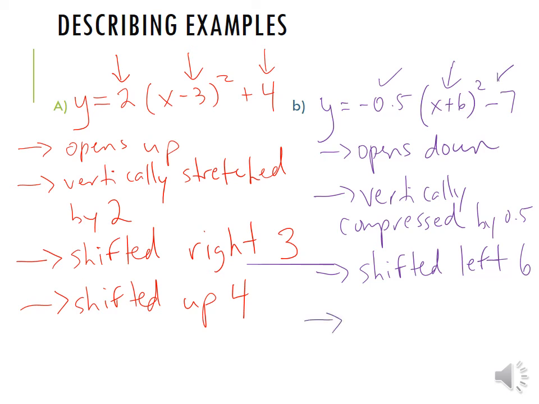And that is negative. So that means shifted down 7. And that's putting it all together. So that's A, H, and K.